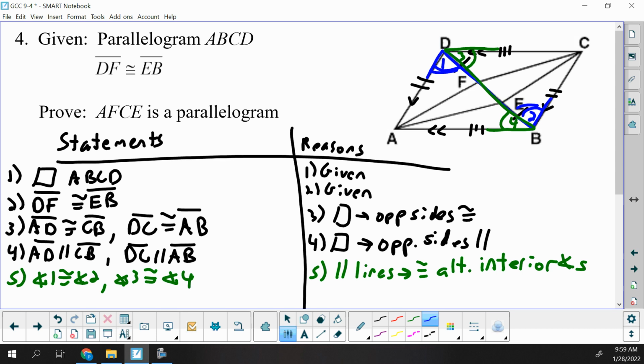It's a little messy with all our markings, but in both the top and bottom triangle and the left and right triangle, we have 2 sides with an angle in between. That means that we can do side angle side congruent to side angle side.